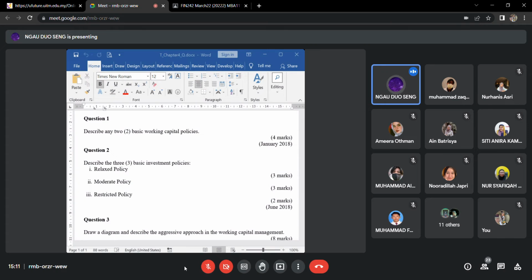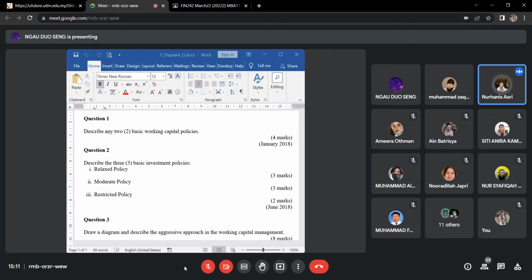You need to describe. This one you just give me apa? You just beritahu the working capital policy tapi you don't explain. This one adalah 4 marks. So if you just give me relax policy atau low risk policy, I give you 1 mark. Sebab you tak explain. I explain lah sir.